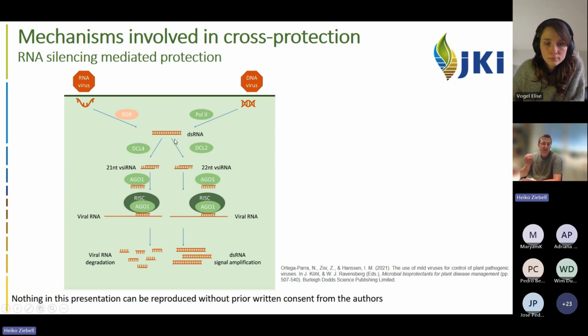And this is quite unique to these viruses, and it can be recognized by plants, by different enzymes that then chop these double-stranded RNA molecules into smaller pieces and therefore can either prevent the infection or can produce even more double-stranded RNA molecules to facilitate a signal amplification.